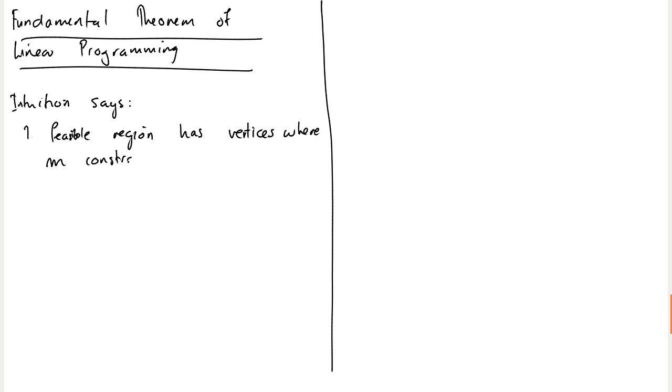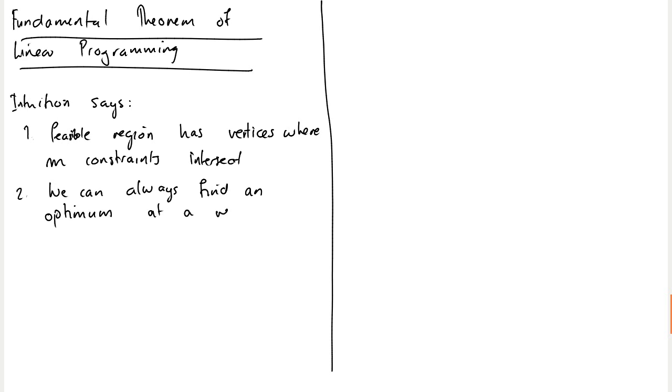That's just the corners of our feasible region. And we can always find an optimum at a vertex. That's what we discussed with our graphical solutions.